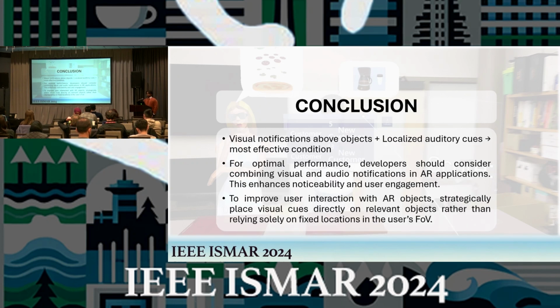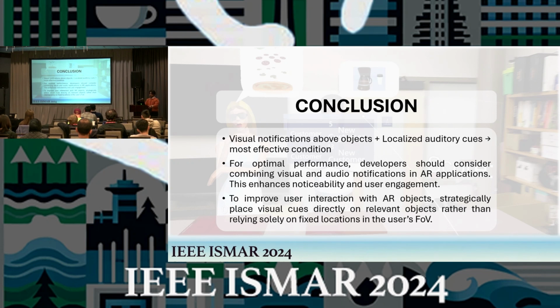Now, what do we know from this? We know that if you are designing any type of notification, make sure you have both visual and audio, audio being the best one, but pure audio, of course, did not perform completely better than visual only. So you need both of them, especially if you want to give some type of information that can't be supplied with audio.